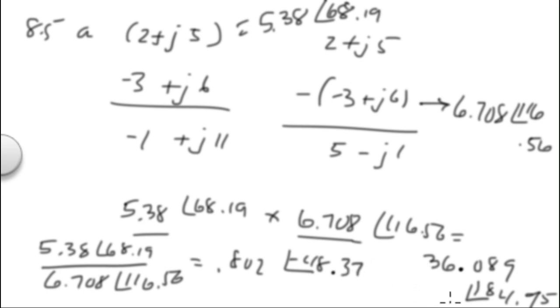So here's my multiplication, here's my division, here's my addition, here's my subtraction. Okay, so that gives you an example, and then you can follow through with that. Now let's go down to 8.